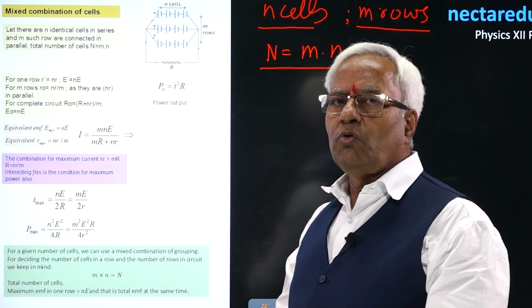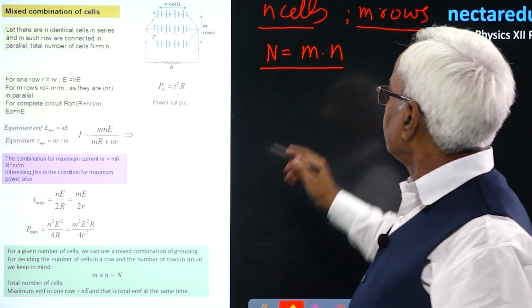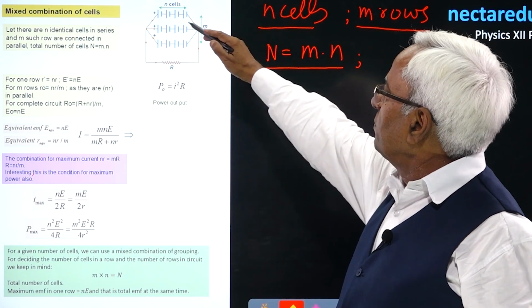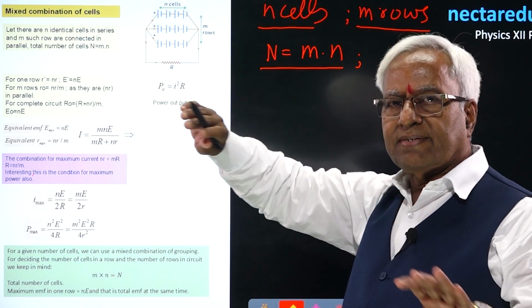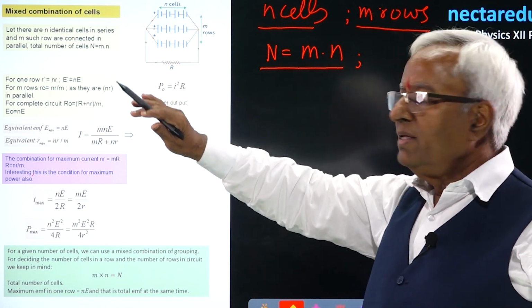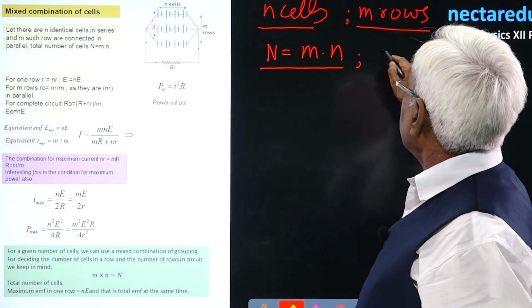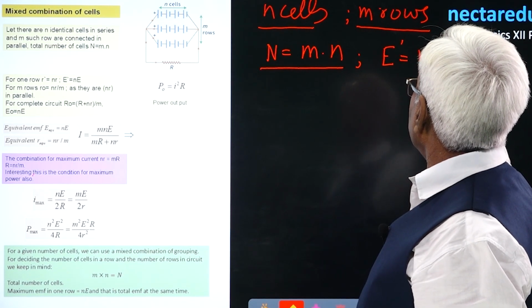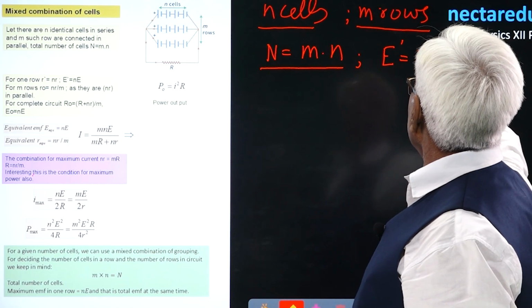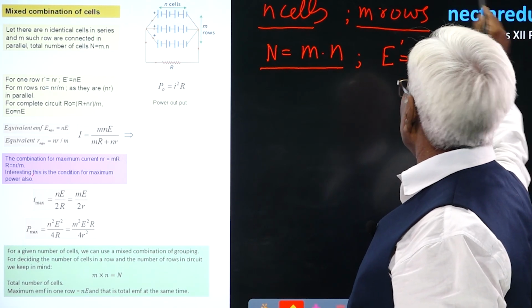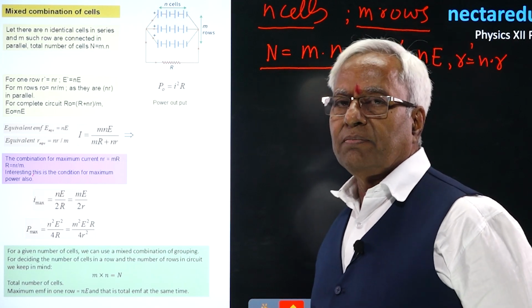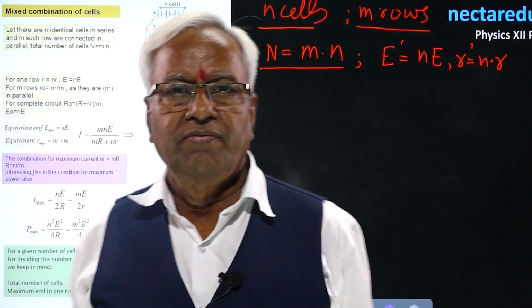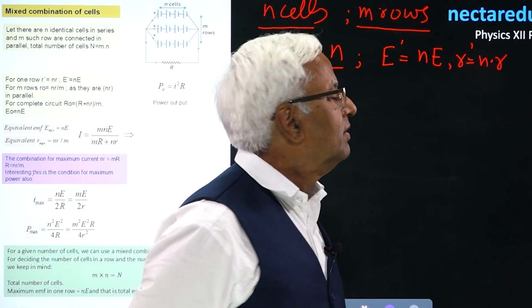In one row, you have n cells, and in series combination, the EMF of all the cells are added together with algebraic method. Then in one line, you have total EMF nE, and the total internal resistance would be added one by one, and we have the value nr.